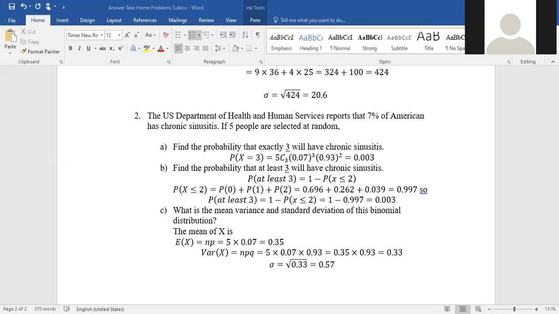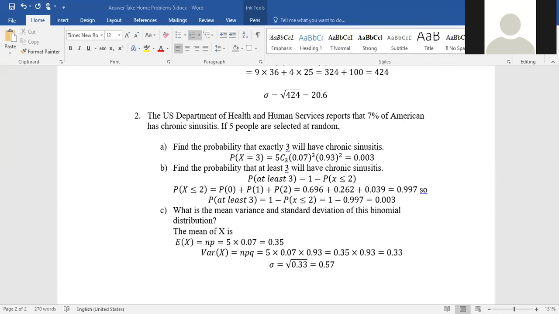Here, the probability of success is 0.07. The number of trials is 5. And the problem asks for the probability of being at least 3, exactly 3, less than 3, or greater than 3. I will put that 3 here. It might be just for one question, but this calculator will give me several answers.